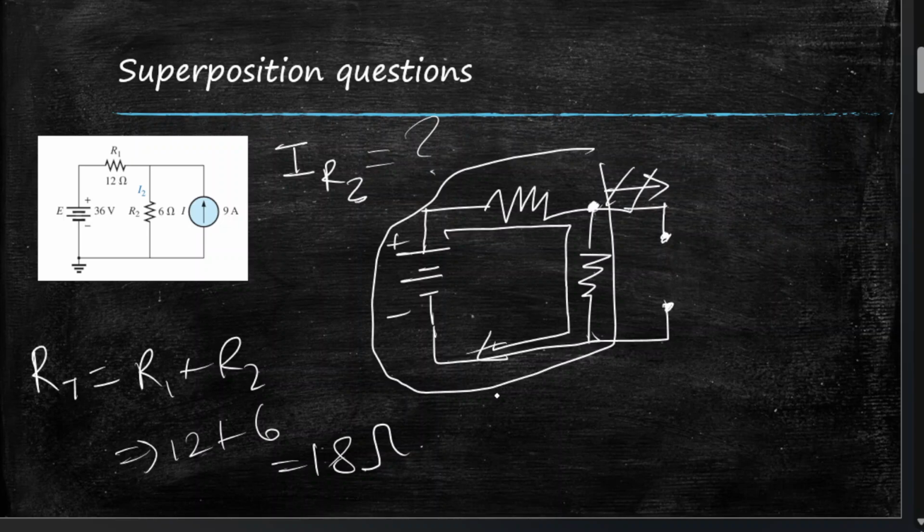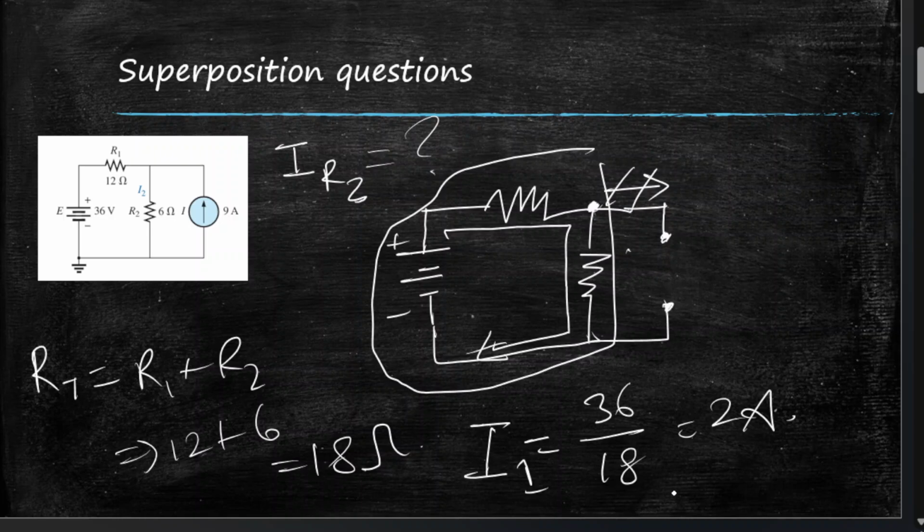That's our equivalent resistance. And so the current produced by the 36 volt source, let's say it's I1, I1 is equal to E over RT. So 36 over 18 is equal to 2 ampere. That is the current produced by the voltage source 36 volts. And since this is a series circuit, 2 ampere will be flowing through the resistor R2.